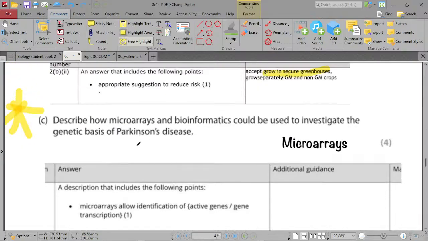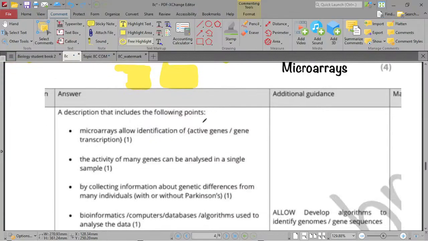So I guess we take a sample of healthy somatic cells and a sample of somatic cells infected by Parkinson's disease, and we use a microarray to identify the genes which are expressed more and which are silenced due to the disease, and that gives us more information. So microarrays allow identification of active genes and gene transcription.